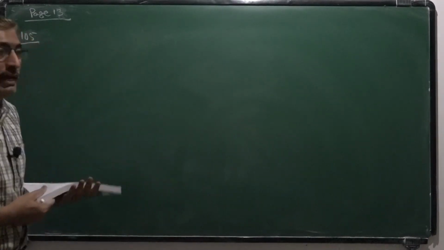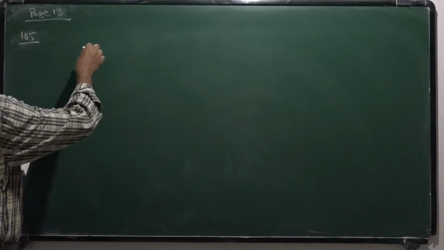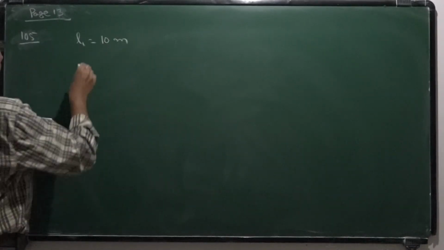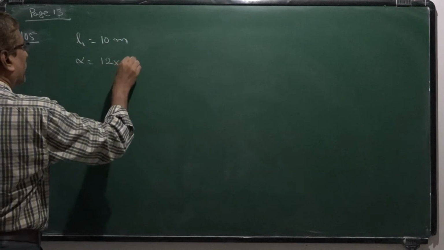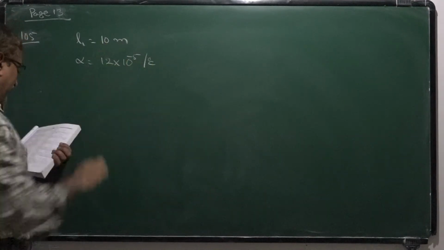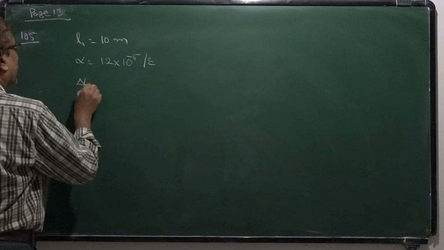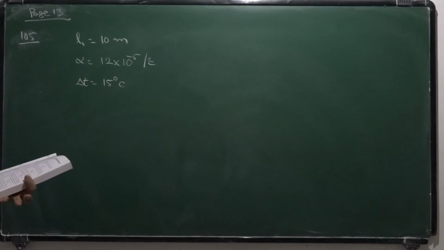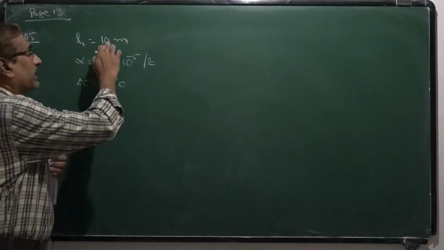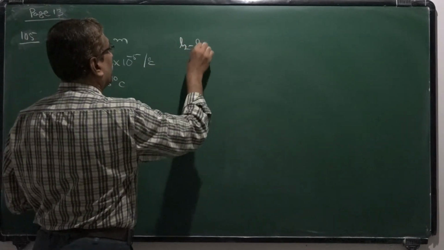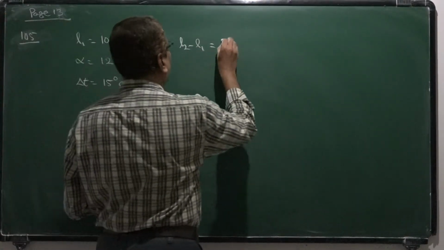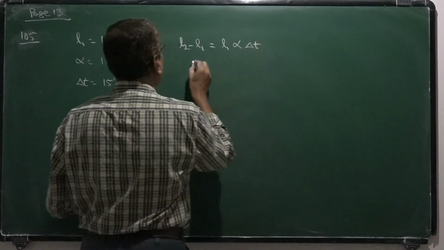To calculate the gap means to calculate the expansion. The initial length of the rail L1 is 10 meter and alpha of steel is 12 into 10 to the power minus 6 per degree centigrade, that is given. The variation of temperature in that area is 15 degrees centigrade. The gap to be left means you have to calculate L2 minus L1. So L2 minus L1 equals L1 alpha delta T. Simple one.